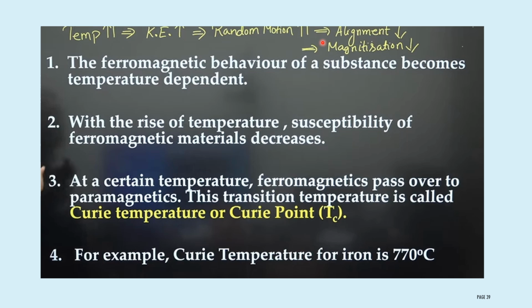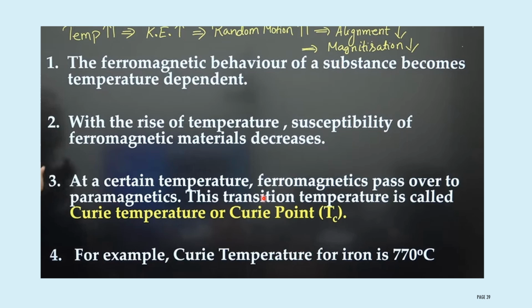If alignment is not proper, then the magnetization will automatically get reduced. With the rise of temperature, susceptibility of ferromagnetic material decreases. As magnetization decreases, and magnetization directly depends upon susceptibility, therefore susceptibility will also decrease.